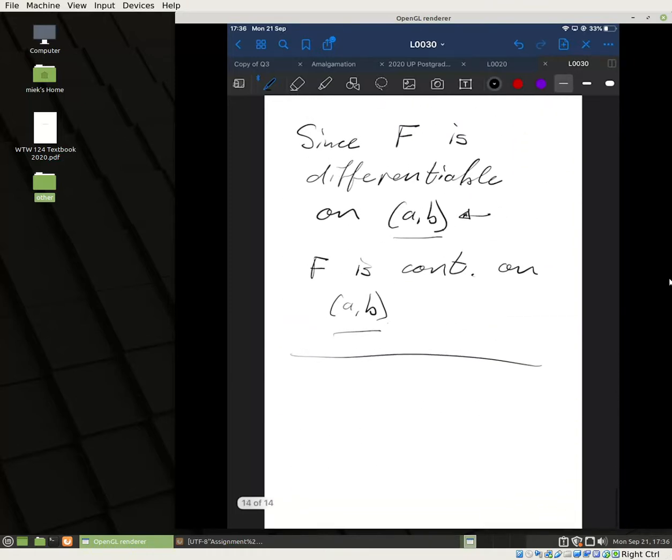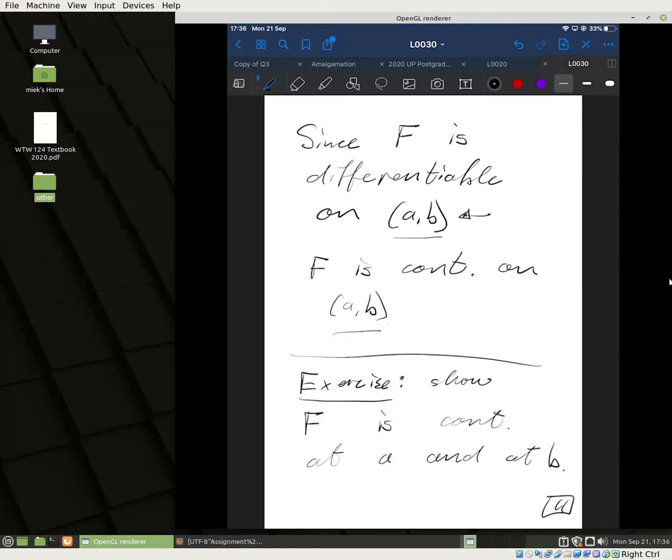Exercise: show that capital F is continuous at A and at B. Okay, and once we have filled in those details, we will have a complete proof of the fundamental theorem of calculus.